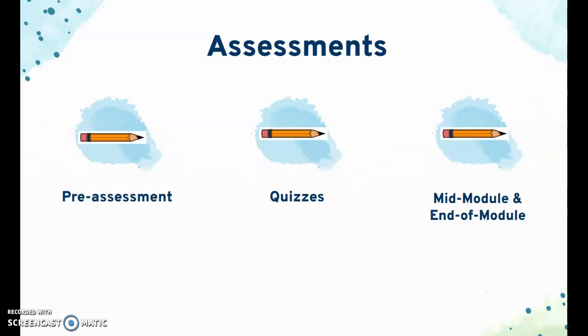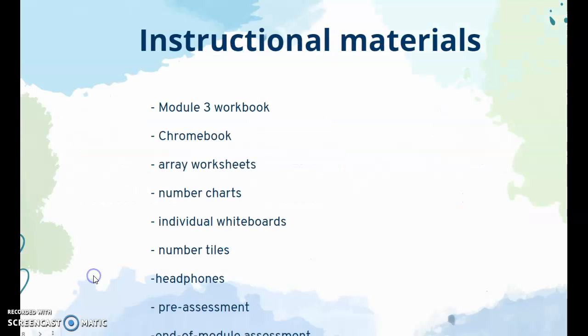And then after module A and B, there is a mid-module assessment. And following all 4 of the modules at the end, there is an end-of-module assessment that will act as a summative assessment telling what the students are able to do now that they've completed all the instruction.